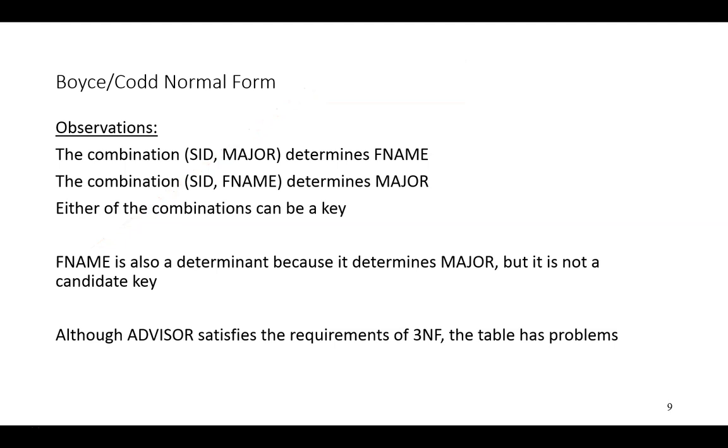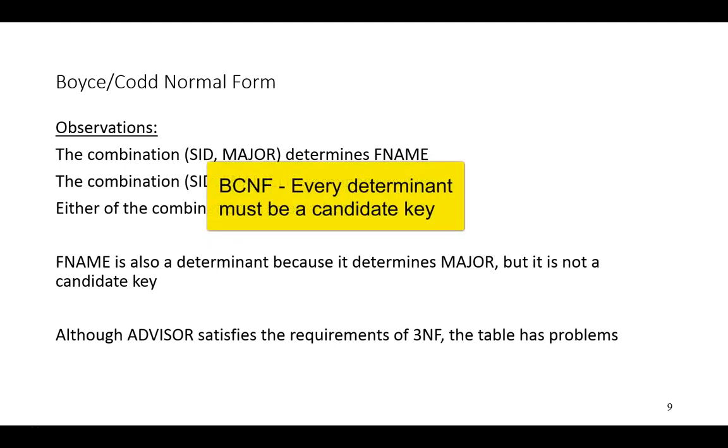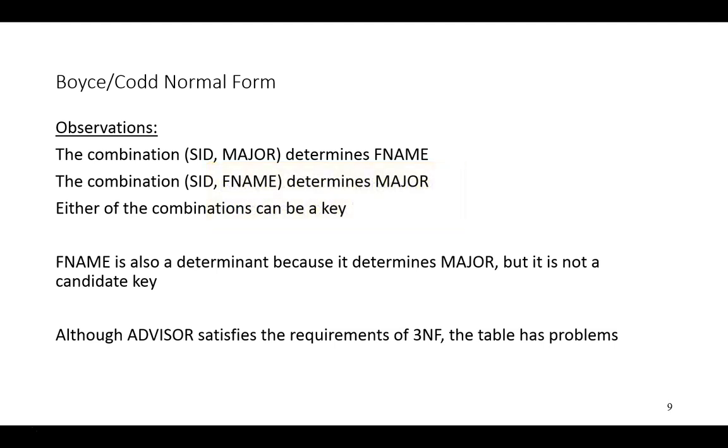Given our definition of third normal form, advisor satisfies the requirements of third normal form. But given the way in which we've defined Boyce-Codd normal form, advisor does not qualify as meeting Boyce-Codd normal form.